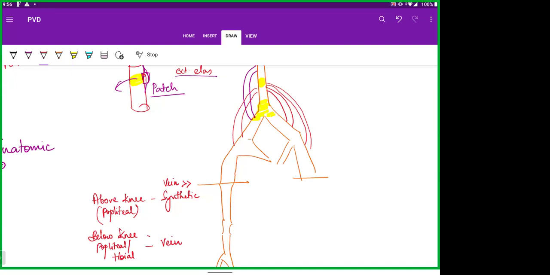They use an angioscope to go down the vein, destroy the valves and then use it in situ, so it is a non-reversed graft.